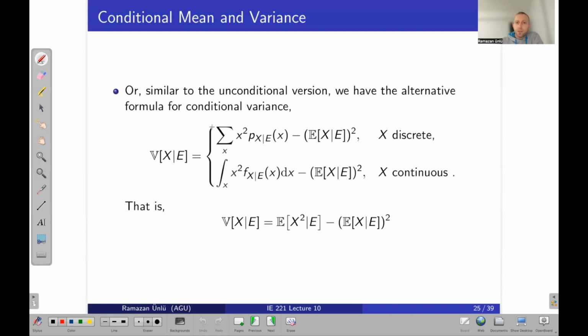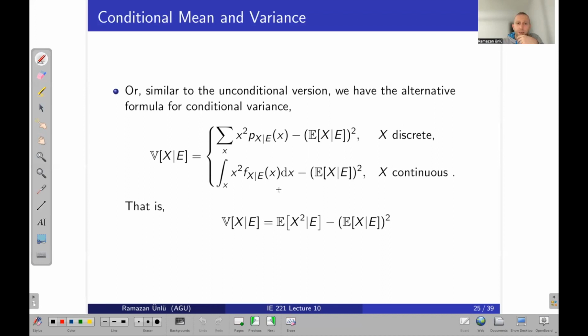Similar to the unconditional version, we have the alternative formula for the conditional variance. If x is discrete, the variance of x given A is the summation of x squared times the corresponding conditional PMF, minus the expected value of x given A, squared.